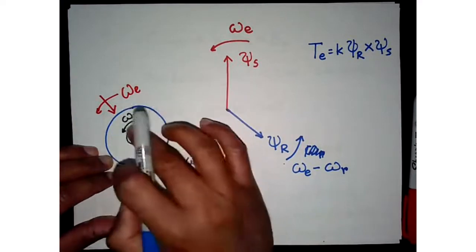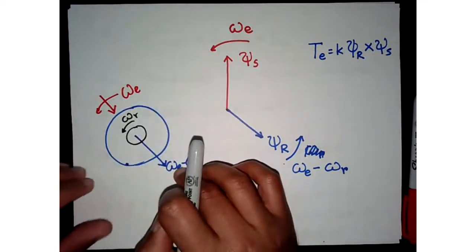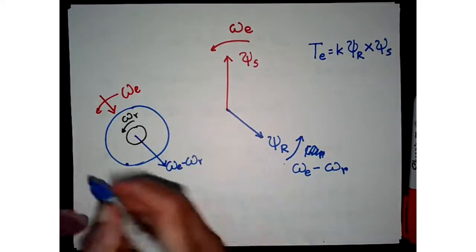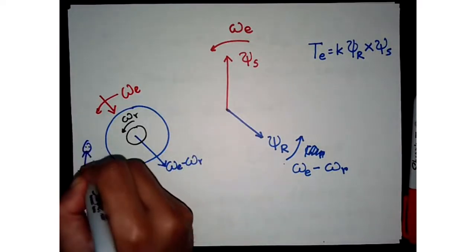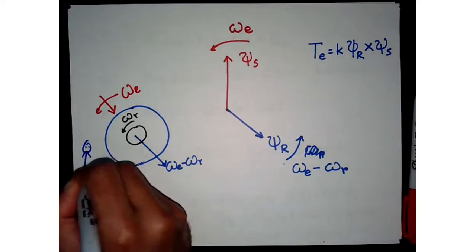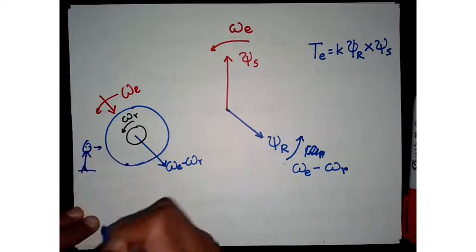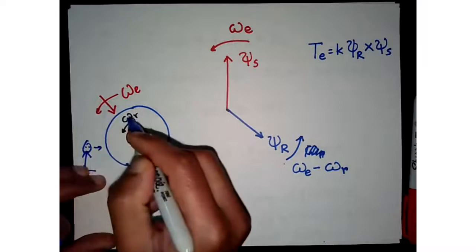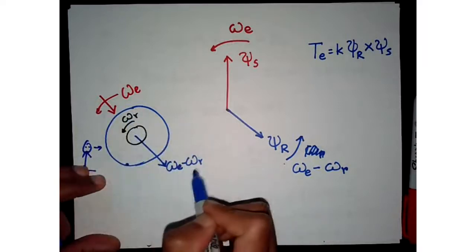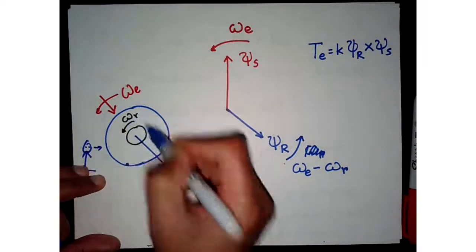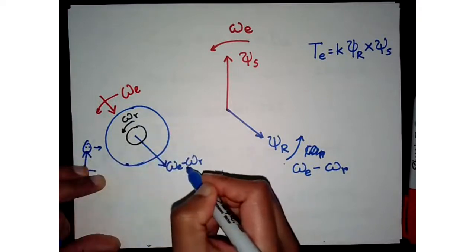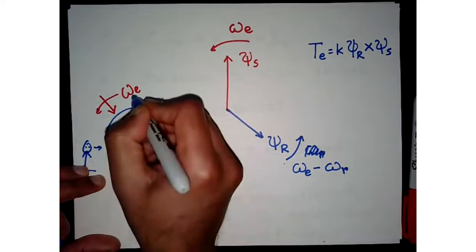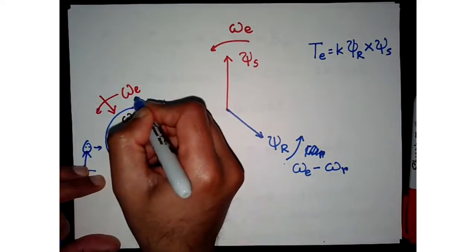If you are looking at the rotor flux from a stationary frame, from outside here, you're going to see that since this rotor field is on the rotor, for the observer, it will look like it's moving at the same electrical frequency.